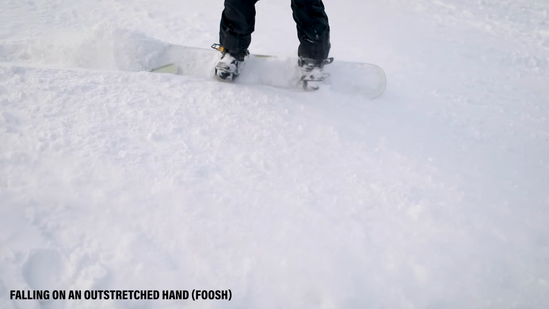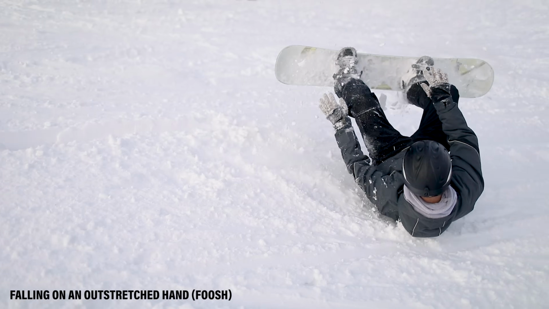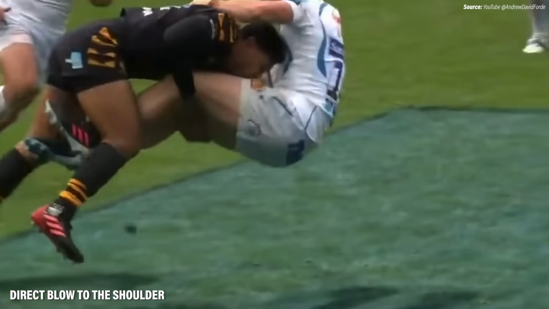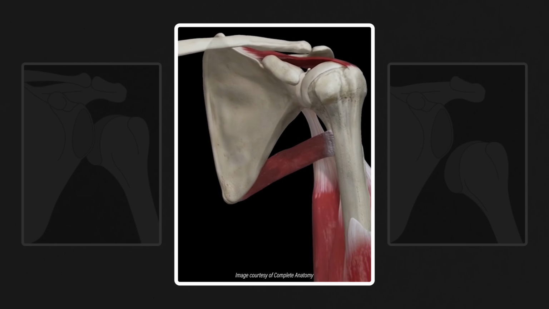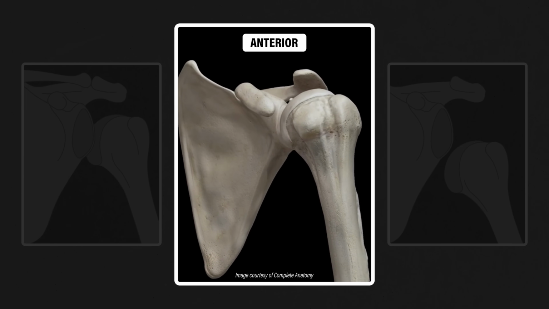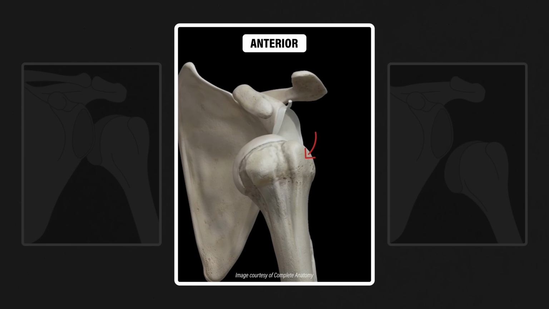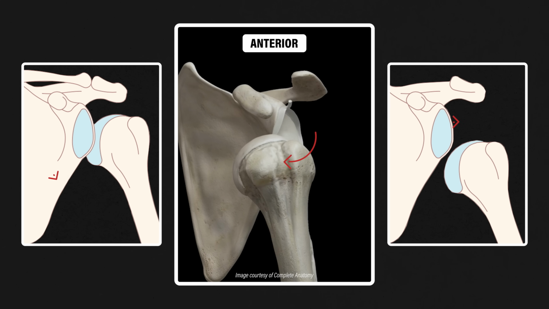This is usually the result of falling on an outstretched hand or from a direct blow to the shoulder. About 97% of dislocations occur anteriorly, meaning the head of the humerus is forced out of the joint socket in the forward direction. They can also occur posteriorly or inferiorly, but these are rare.